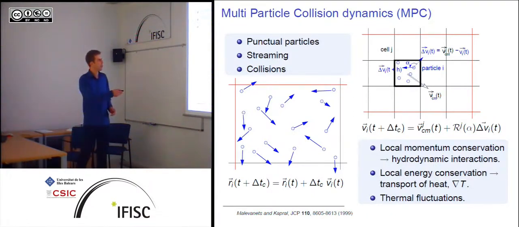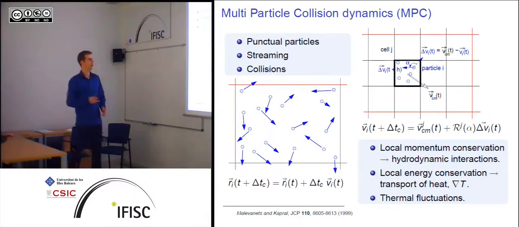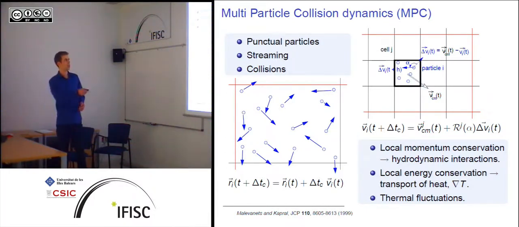And you do this by choosing a rotation axis randomly for each of the cells. So each cell has a different rotation axis, and then you rotate the relative velocities.